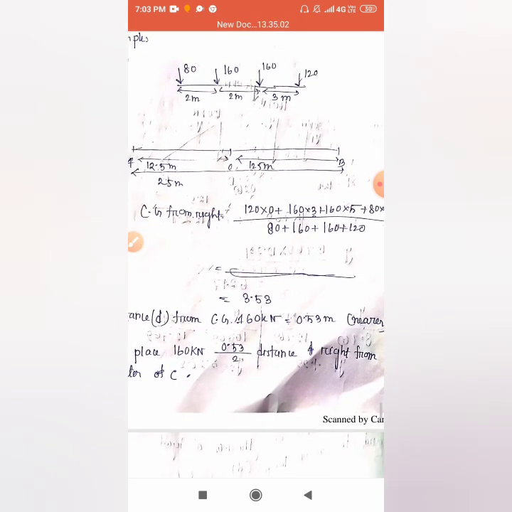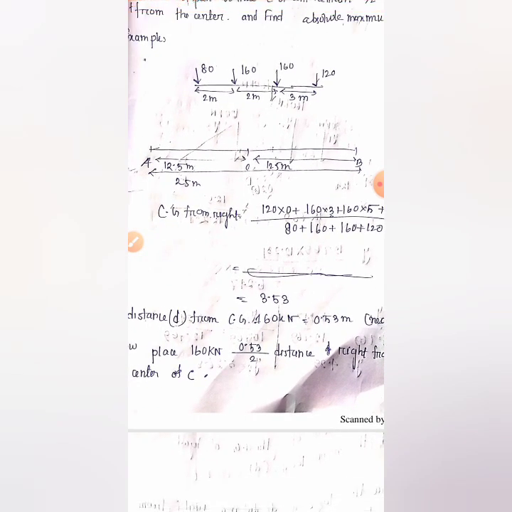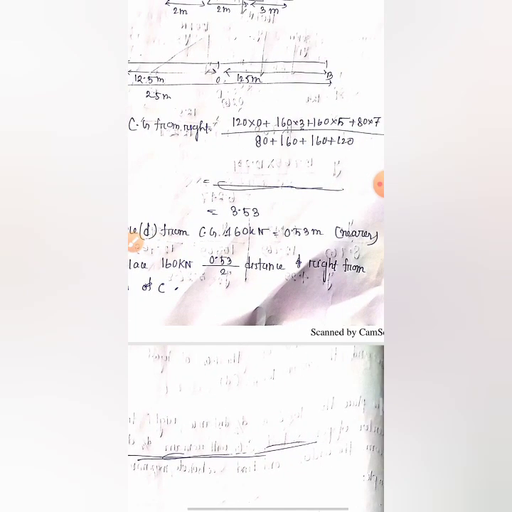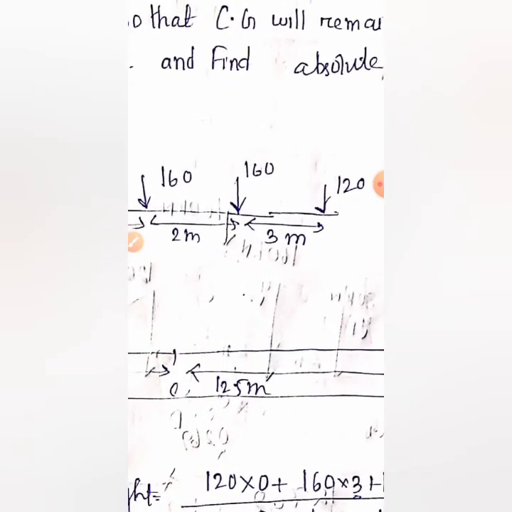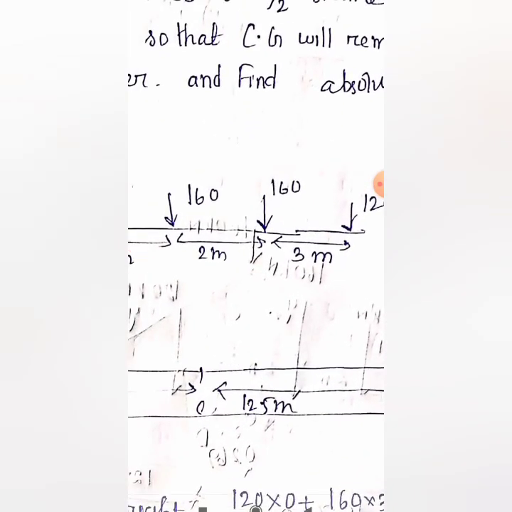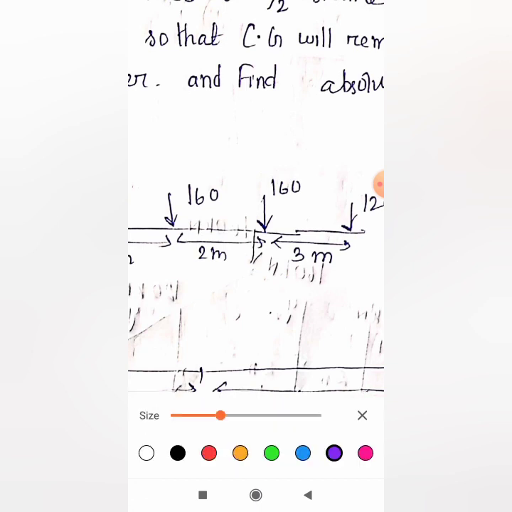Now the condition is that we have to find the distance from the center of gravity to the 160 kilonewton load, and the distance is 0.53 meter. How did this come? See, let me show you. Suppose somewhere here the center of gravity of the load system is acting.